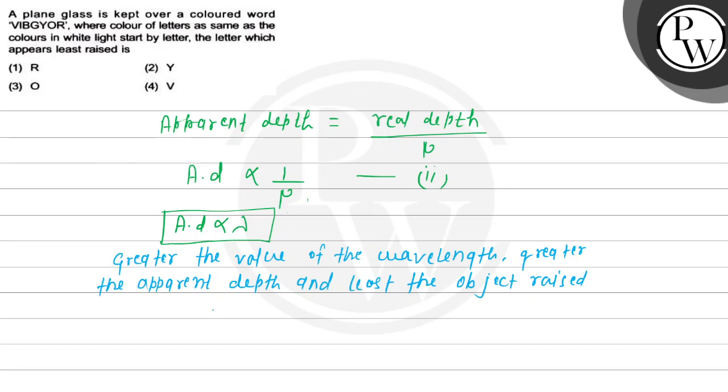And after that we know that the greater the apparent depth, the less the object is raised. So what has been asked is which of these is the least raised. We know that the wavelength lambda of red color is the maximum, and we can say that if the wavelength of red color is maximum or greater, then it will have the least object raised.